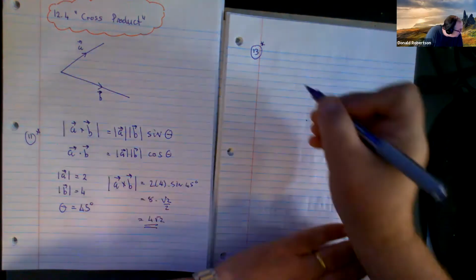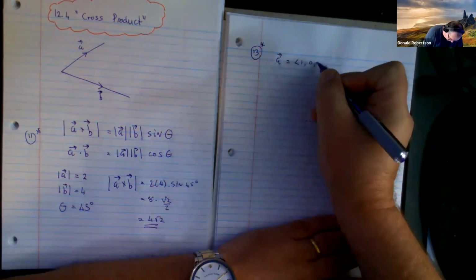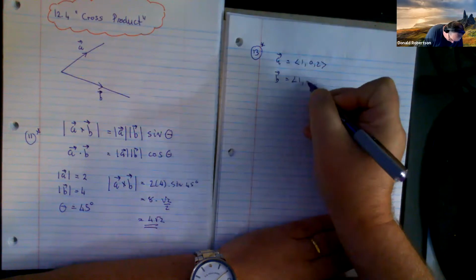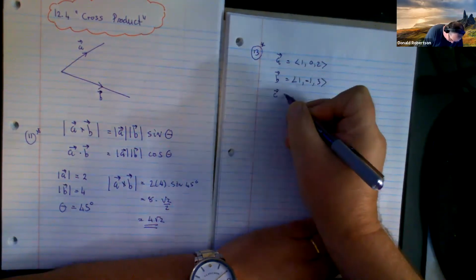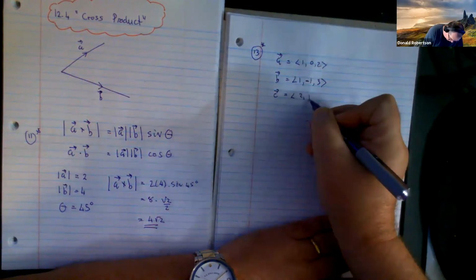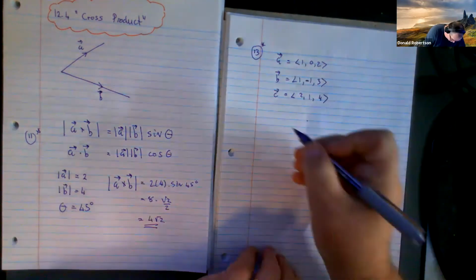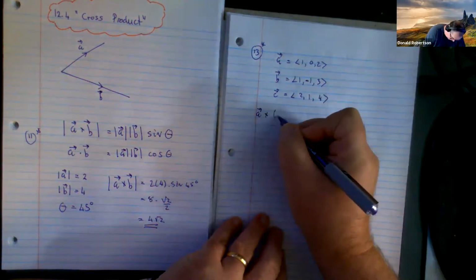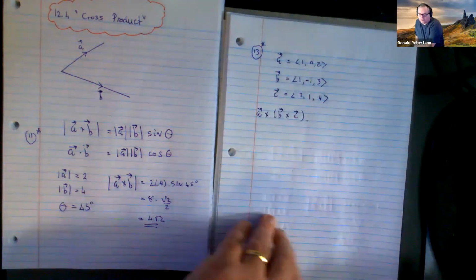So I'm going to do a vector A, which is going to be 1, 0, 2. The vector B, which is going to be 1, minus 1, 3. And the vector C, which is going to be 2, 1, 4, right? And you are going to be asked to find some cross products of cross products.